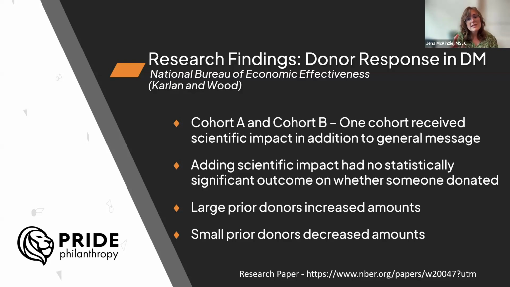That donor generally responded more positively and increased their gift to the organization in response to that specific scientific and evidence-based language. Donors who had previously given at a smaller, maybe an annual gift or kind of entry gift level, actually gave less in response to the scientific evidence-based messaging.